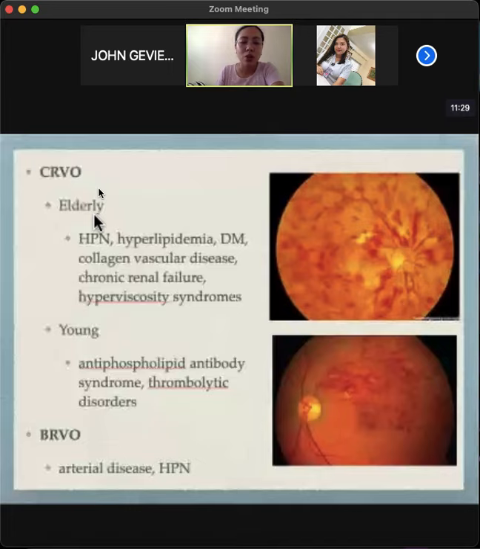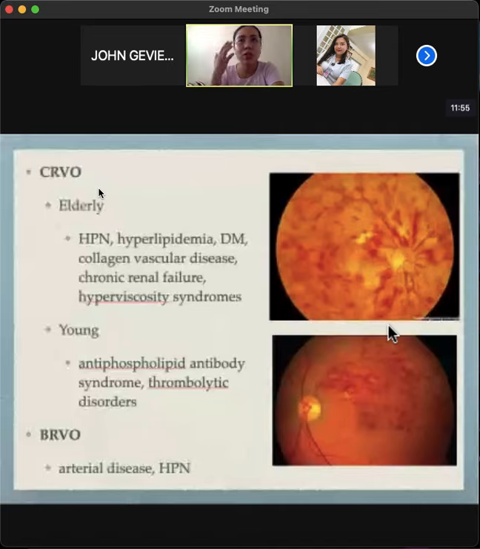CRVO and BRVO are also systemic conditions with eye manifestations. So we've discussed this already. CRVO is associated with increased mortality from your ischemic heart diseases and myocardial infarction. Very important to investigate the cause if you see this kind of finding in the eye.